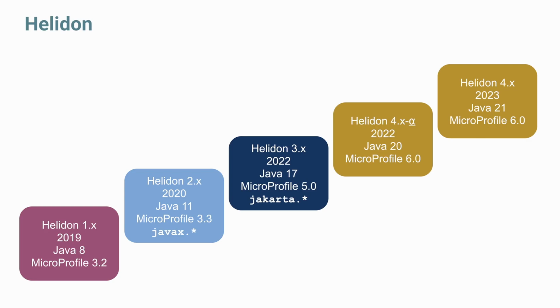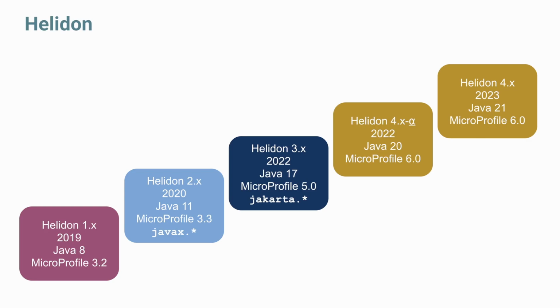In Helidon 2, which was released in 2020, we moved to Java 11, which allowed modularity and provided so-called reactive APIs. That means that the code of Helidon was modular and it was using the latest and greatest features of Java at that moment, these reactive APIs.